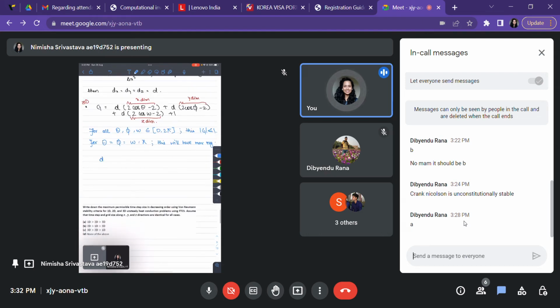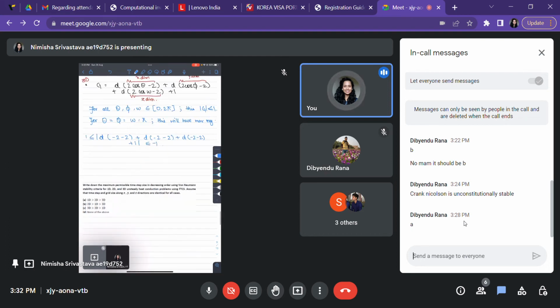Then I have d into minus 2 plus d into minus 2 plus d into minus 2 plus 1. This is the modulus basically, so this is what is required of me. Essentially for the 3D expression I'll have minus 12d plus 1.